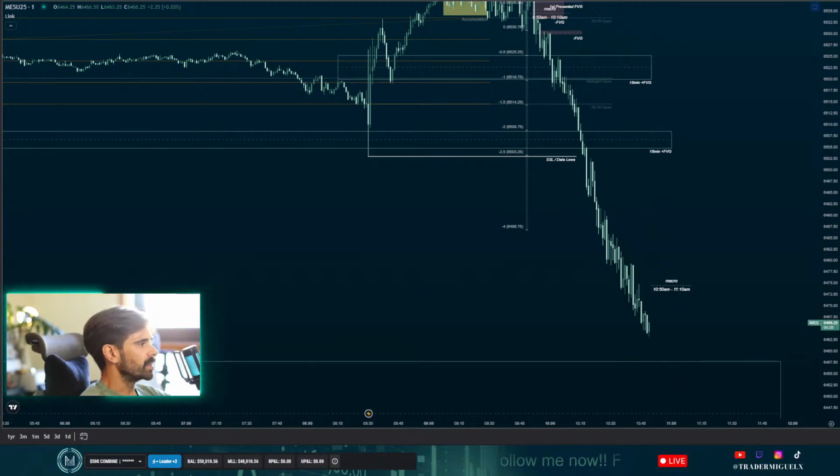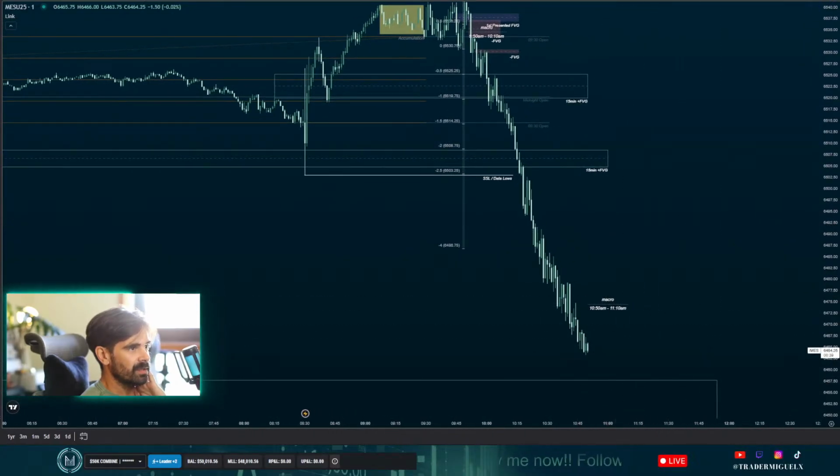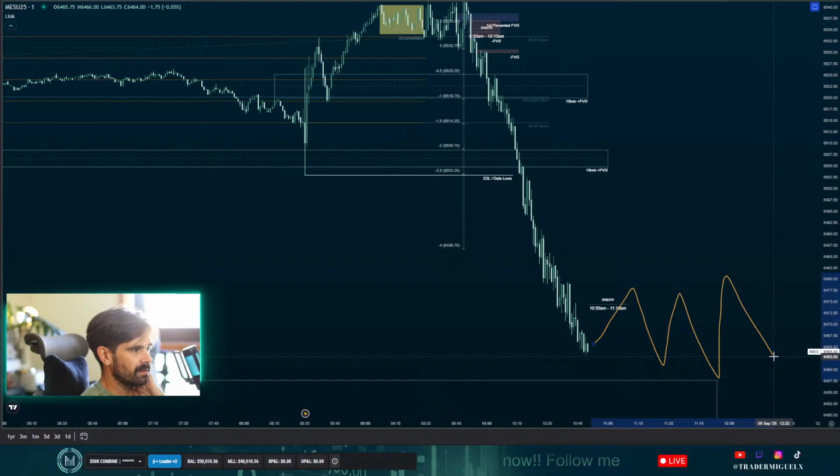10:50. We are entering the macro. And as soon as we hit the macro, I would like to see some sort of reaction, some sort of a bullish reaction. If we don't see that bullish reaction, we might end up ending the day on a sideways price action, just like doing something like this.